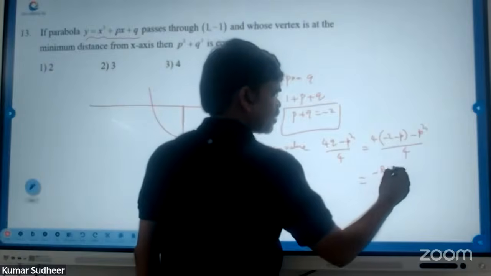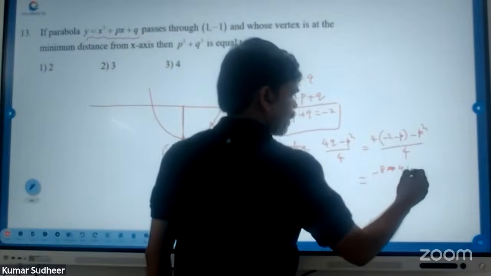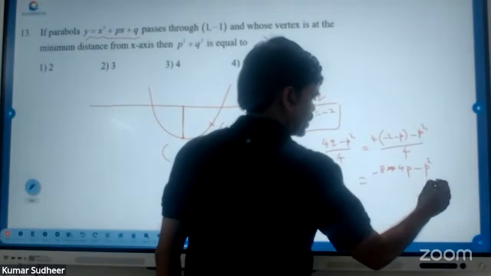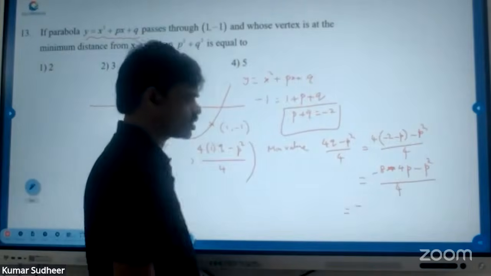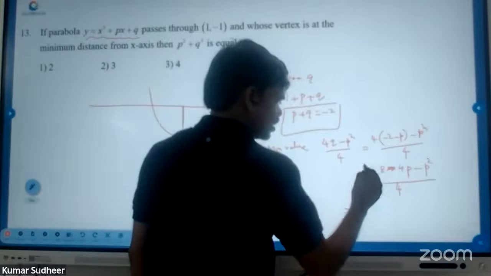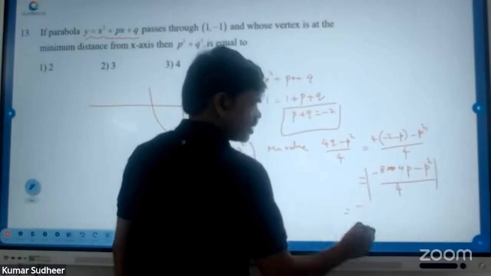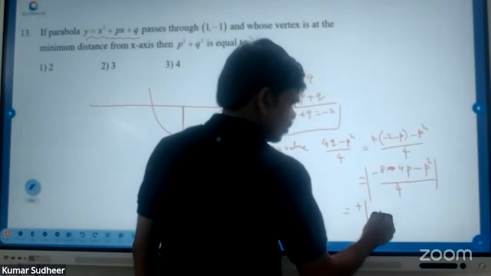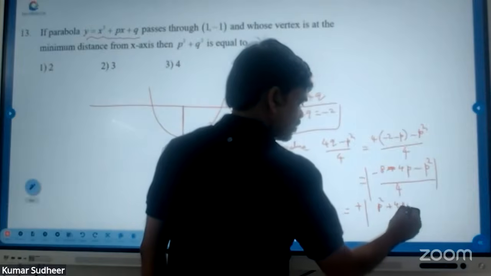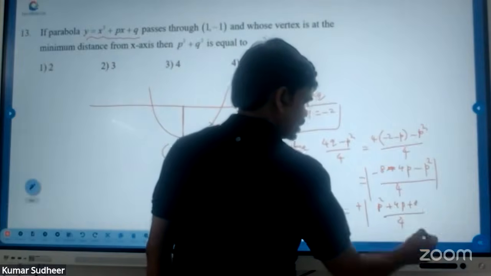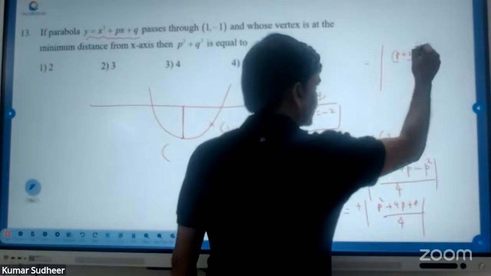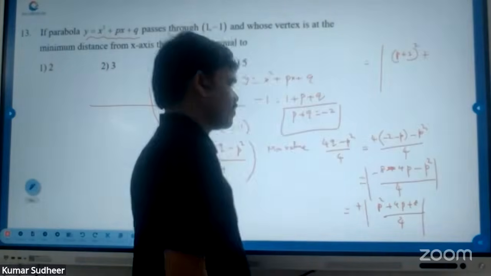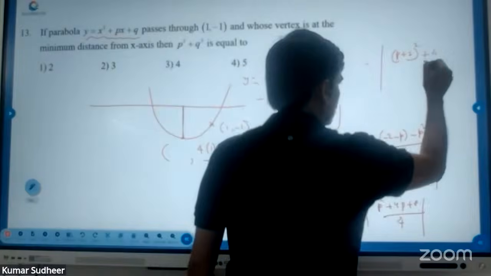That is minus 8 minus 4p minus p squared by 4. If you take minus common, since it's a distance, it should be positive, so we have to take the modulus. When you take modulus, this is nothing but p squared plus 4p plus 8 by 4. That can be written as p plus 2 whole squared plus remaining 4, right?